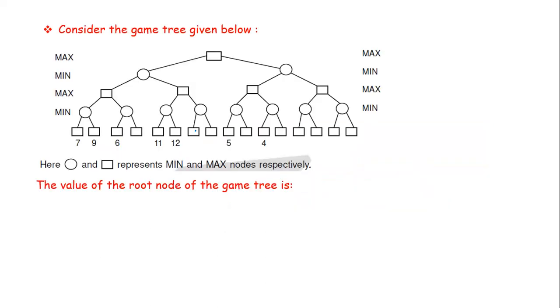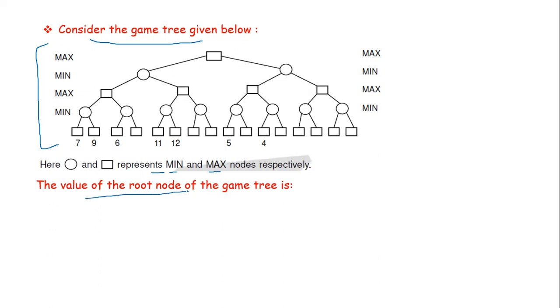This was asked in the June 2019 UGC NET exam. What is the question? Consider the game tree given below. This is our game tree where circle and rectangle represent min and max nodes respectively.